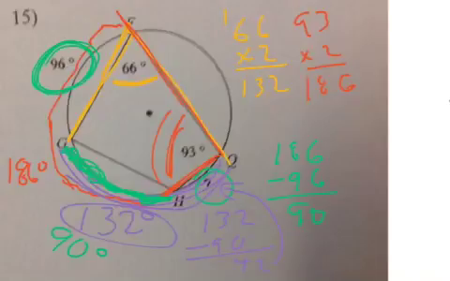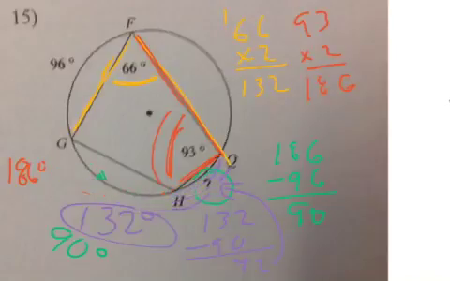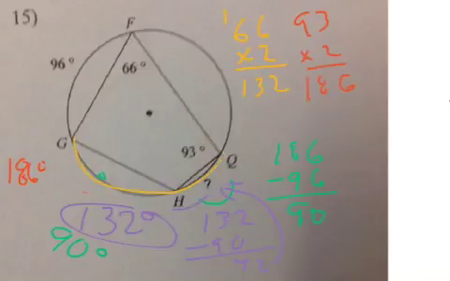Okay? So, in a nutshell, let me clean this up again a little bit, because it was getting a little messy. Okay? So using gold first, what did I figure out is from there to there is 132 degrees. Follow the green. I already knew from there to there is 96. Follow the red.